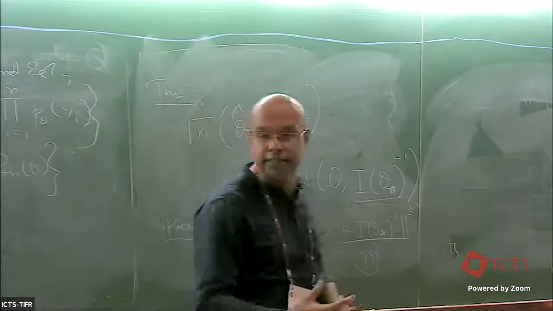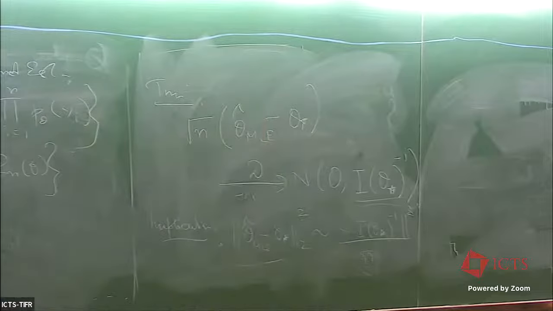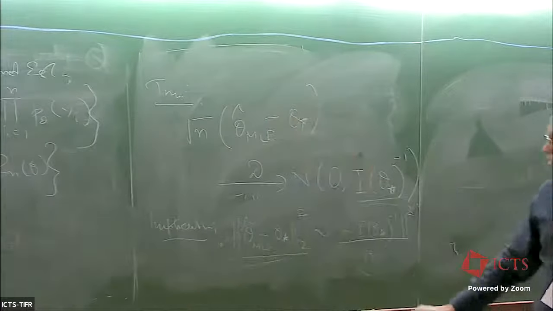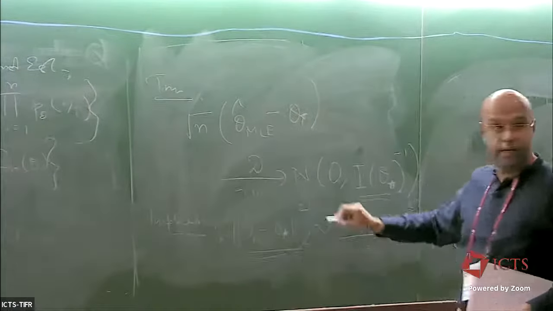And we are interested in the regime when sigma goes to infinity. So if the noise level is high, we want to understand how big we need to take n compared to sigma so that this approximation is good, this mean squared error is small.